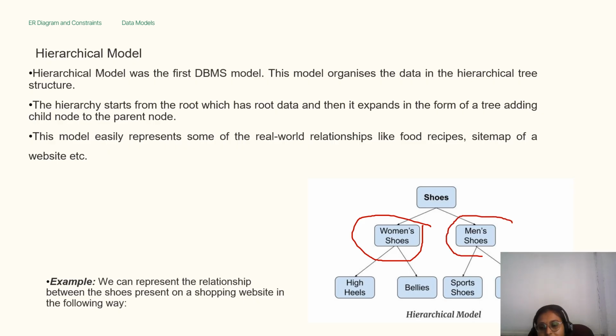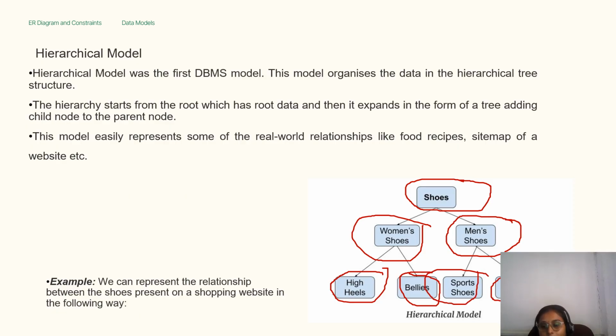The first parent class is shoes, and to that parent class we add women's shoes and men's shoes as the child classes. Now women's shoes and men's shoes are the parent classes, and we add high heels and bellies to the women's shoes as child classes, and in men's shoes we add sports shoes and sneakers as the child classes to the parent class.